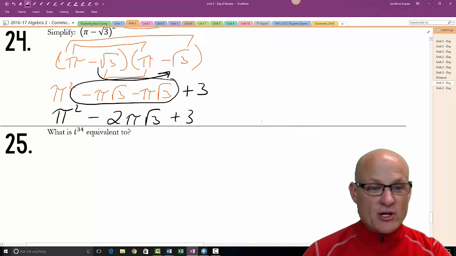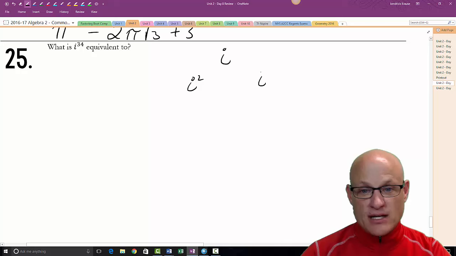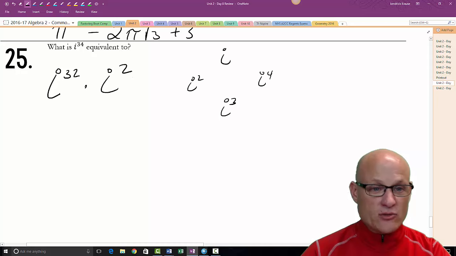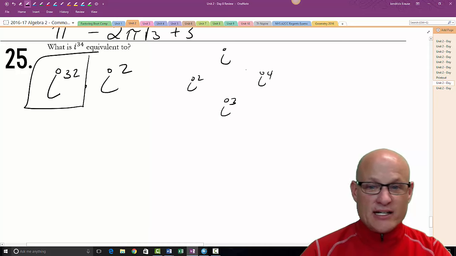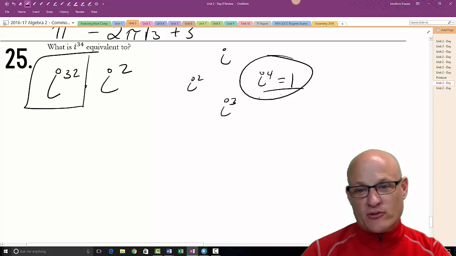All right, we're on the last one. i to the 34th. You've got to show your work. You can't just type it in your calculator. i squared. i to the 4th. i cubed. Now I'm going to rewrite this as i to the 32nd times i squared. Why 32nd? Because that's a multiple of 4, and I know that anything that's a multiple of 4 is equal to 1.